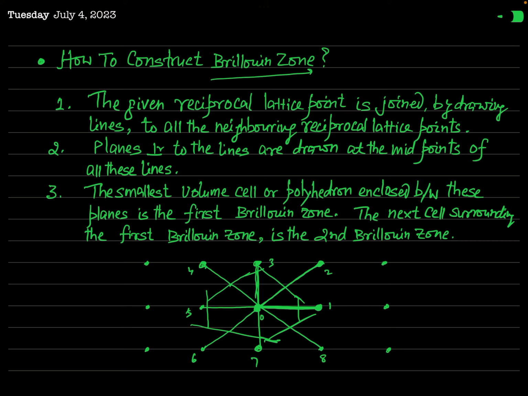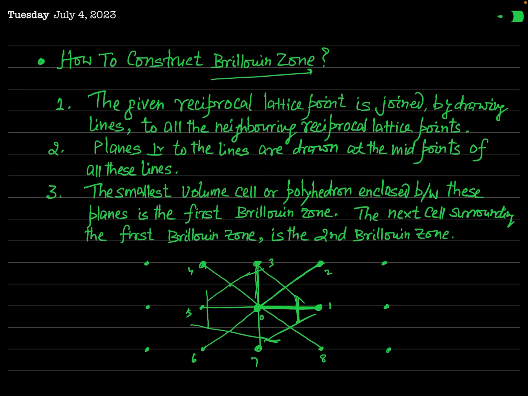Now let us draw the planes perpendicular to these joining lines passing through the midpoints of the lines. You can see this is the joining line O1, and this line which I am marking here is not a line but a plane.